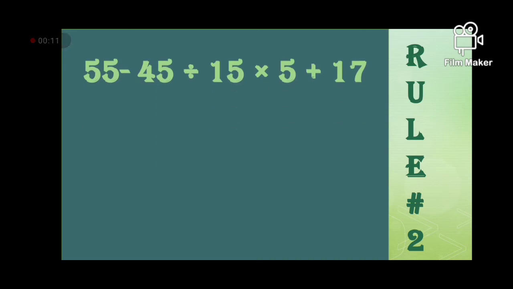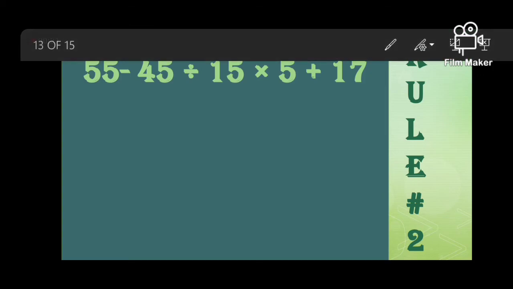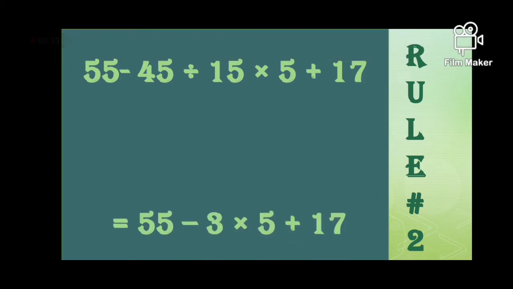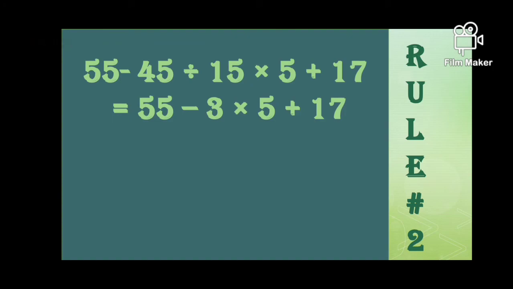55 minus 45 divided by 15 multiplied by 5 plus 17. Now we have multiple operations: minus, divide, multiply and plus. According to the rule, we have to divide first. When we divide 45 by 15, we will get 3. 15 3s are 45.